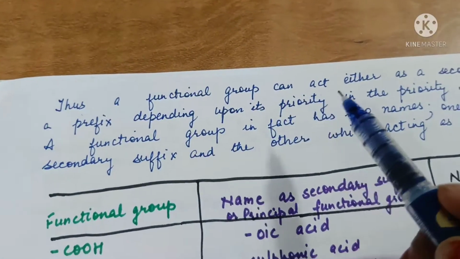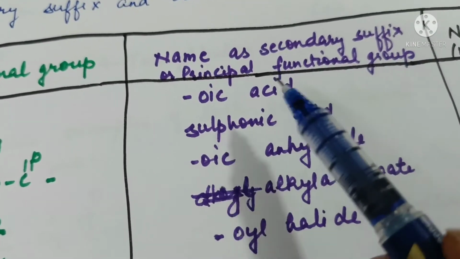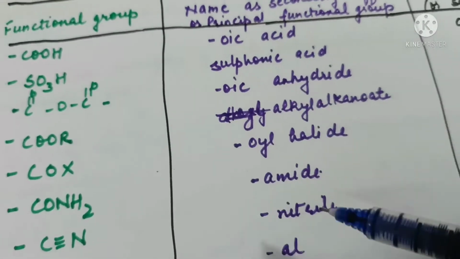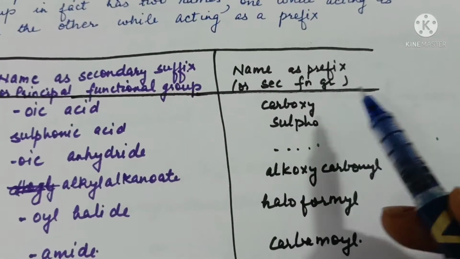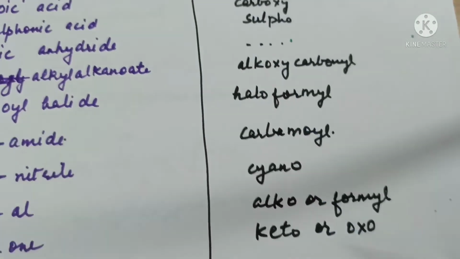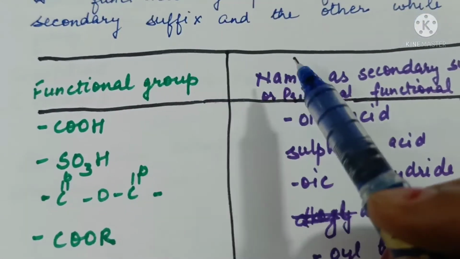A functional group, when it acts as a suffix or a principal functional group, will have one name. But when it is acting as the secondary functional group, it can be named differently. So a functional group will have two names.